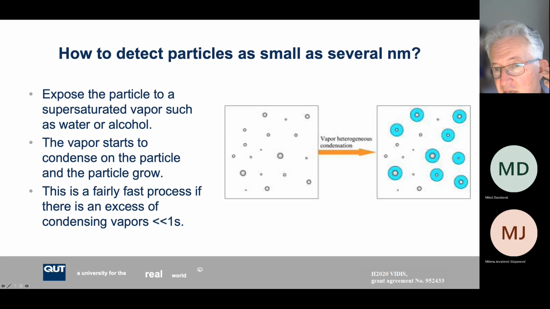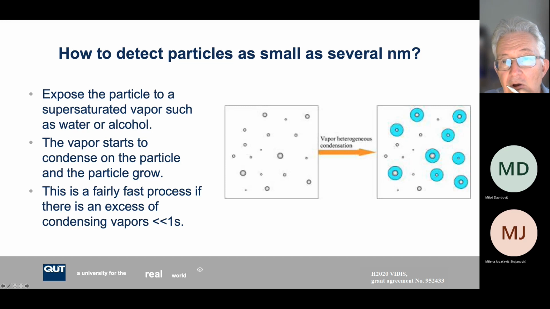As the sample is left for some time, the vapor will start sticking onto these small particles, and the particles will grow to a detectable size. Then you just pass them in front of a laser beam and count them. This is a fairly fast process if there is an excess of condensable vapor, less than a second.